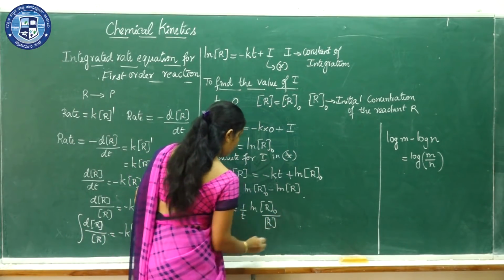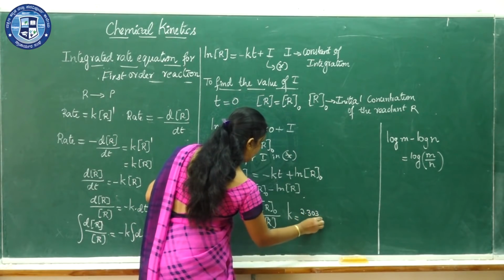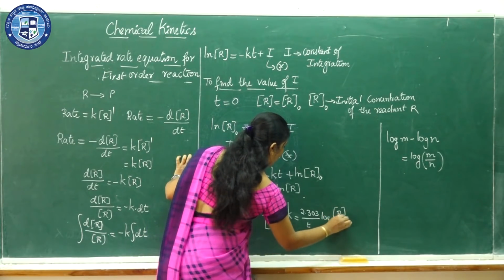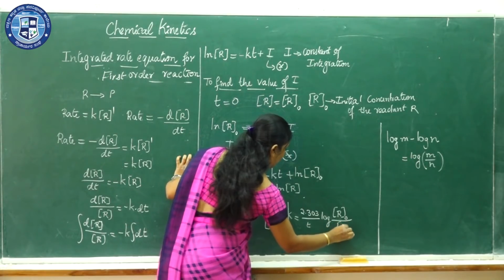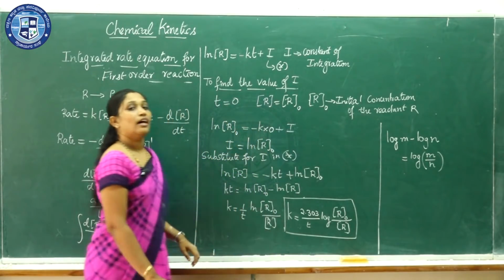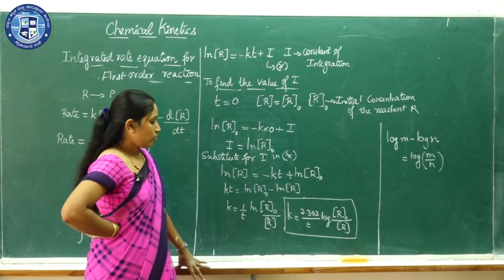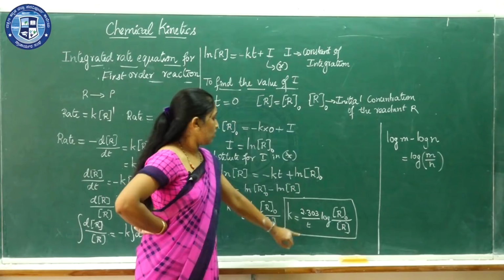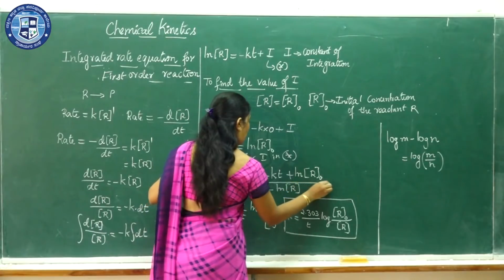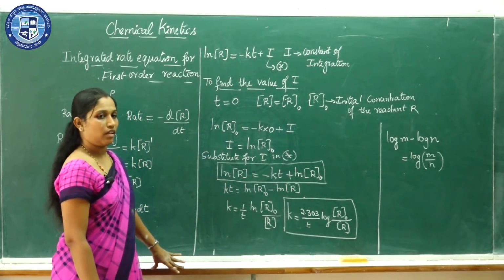So when you do that, K becomes 2.303 divided by T log R naught by R. Okay, so this is the expression for the rate constant of first order reaction. From the equation, we have derived K.